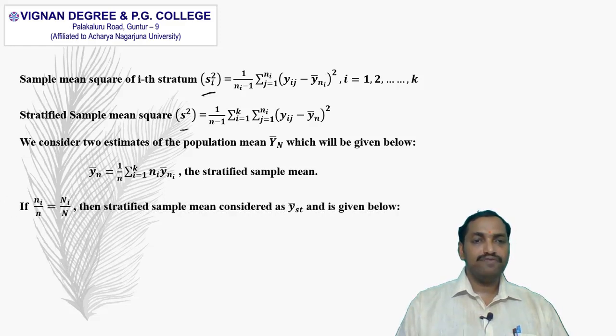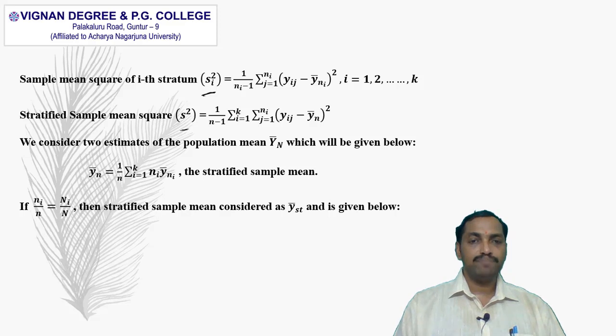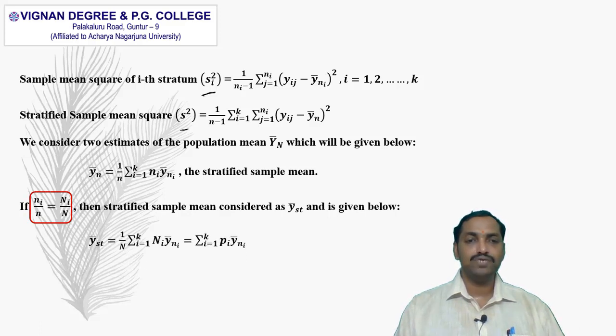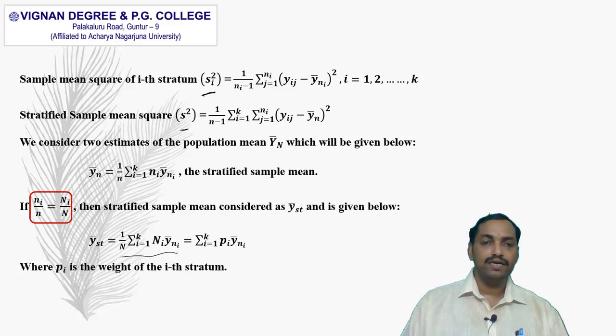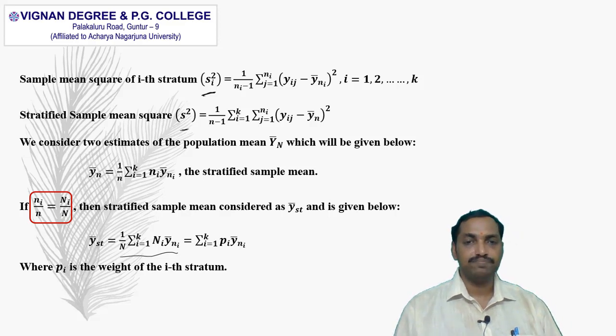So if small n_i divided by small n is equal to capital N_i divided by capital N, then stratified random sample mean is considered as y bar_st and is given below. So that is y bar_st is equal to 1 by capital N into summation i equal to 1 to k N_i into y_i bar, which is equal to summation i equal to 1 to k P_i into y_i bar, where P_i is equal to capital N_i by N, which is the weight of the ith stratum.